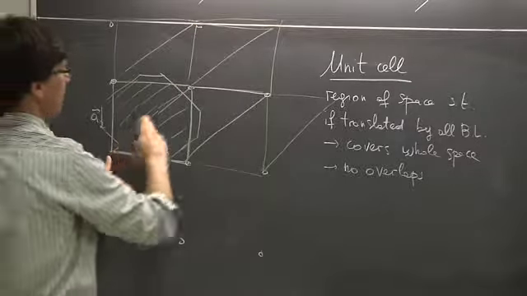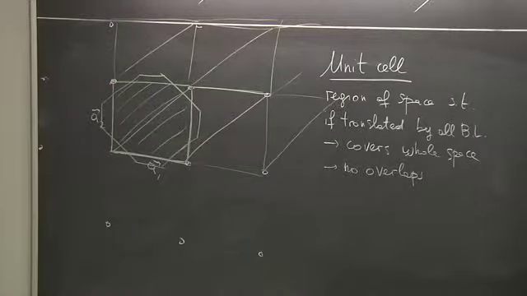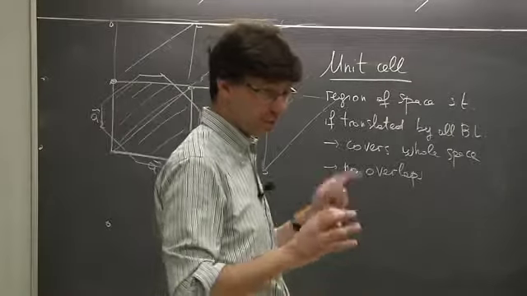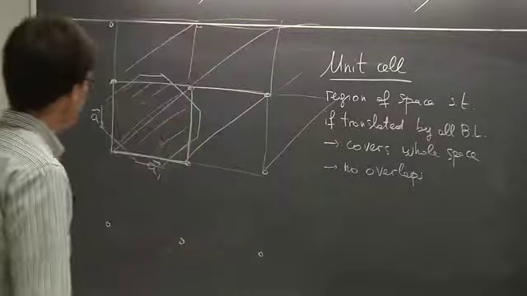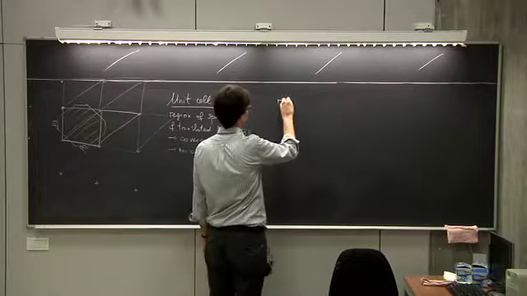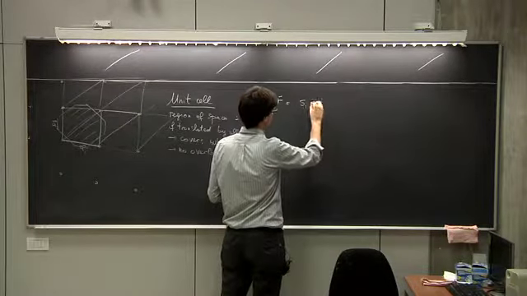I translate it by A1 plus A2, and I'm going to do this. So this is a good choice of the unit cell. In general, good choices of the unit cell, legitimate choices of the unit cells, are regions of space characterized by this property, in 2 dimensions at least.